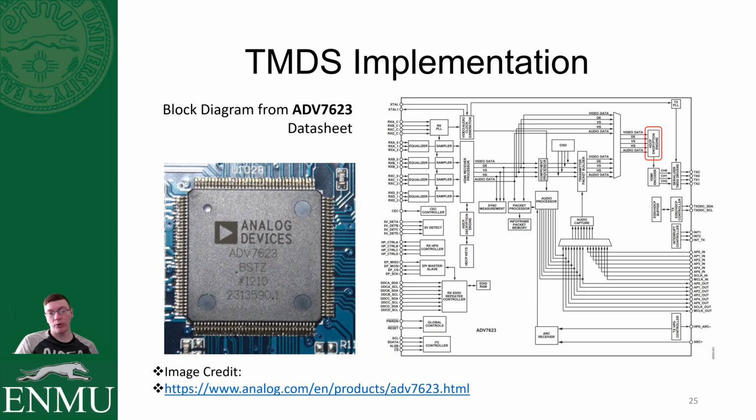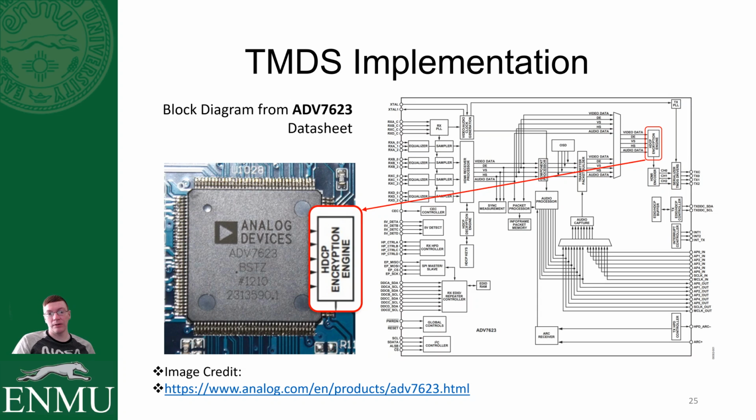But one thing I wanted to point out from the block diagram, which came from the data sheet, is one concept about HDMI that I haven't mentioned yet, which is HDCP. That is the encryption used to ensure people cannot rip off content, or at least not easily, like recording Blu-rays and recording shows off of Netflix and that sort of thing.